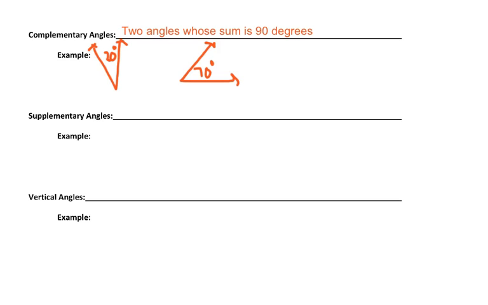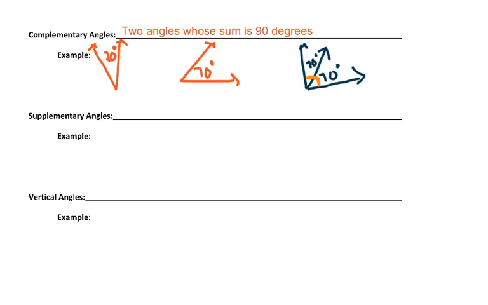Those are complementary angles. You can also show complementary angles as adjacent angles. So if we have a 20-degree angle here, its adjacent complement would make a 90-degree angle. So this would be 70 degrees there. And notice that we have a 90-degree angle right there. So those are complementary angles.